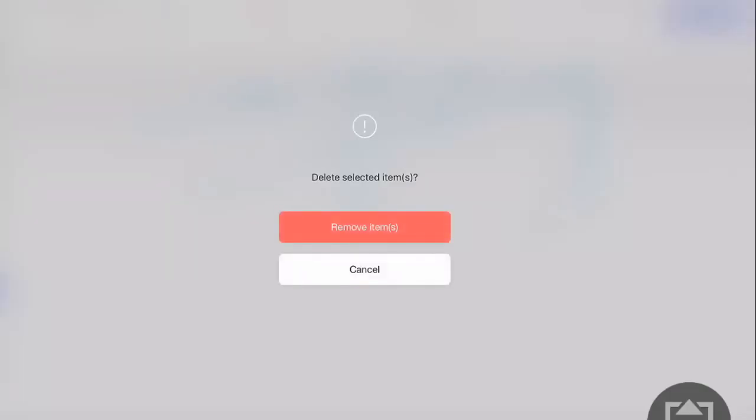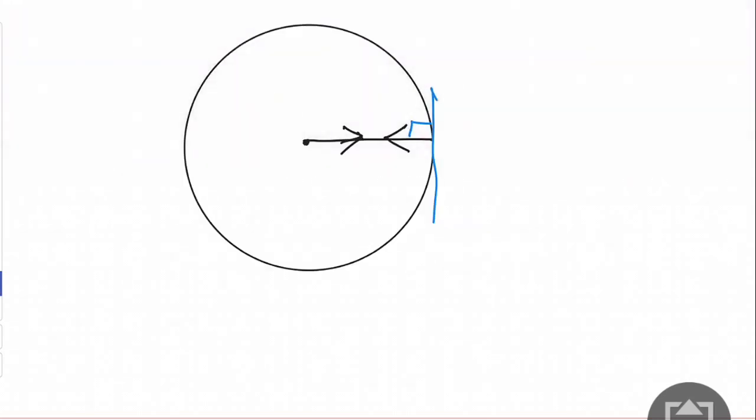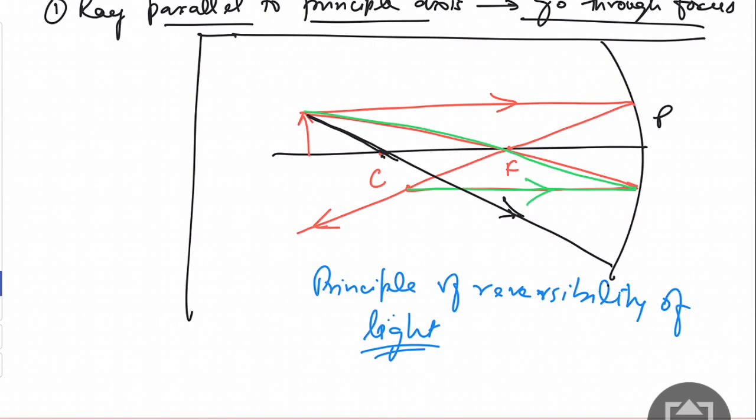I'll delete this page. Okay. Now let us do one by one. I'll draw separate. Let me clean this up a little bit. Okay.